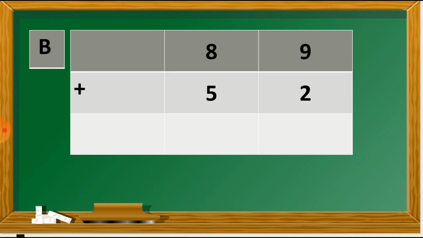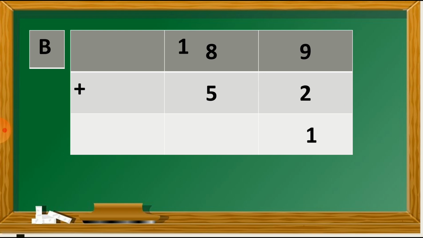Let's see number B now. Here is sum number B. Let's see the ones column first. In the ones column there are 9 plus 2. How many is it? 9 plus 2. After 9 just count two numbers, 10 and 11. So 9 plus 2 is equal to 11. Write down 1 under the ones column and another 1 at the tens column as a carry forward number, as I showed you.